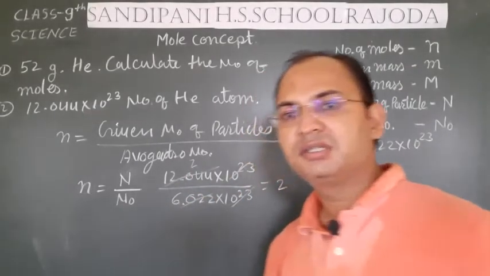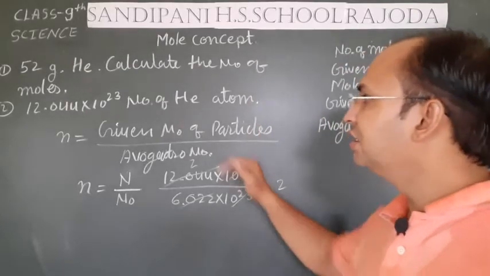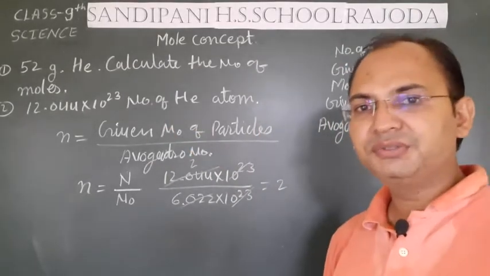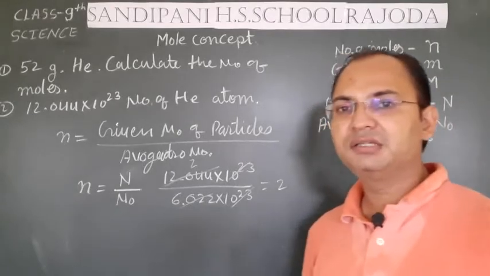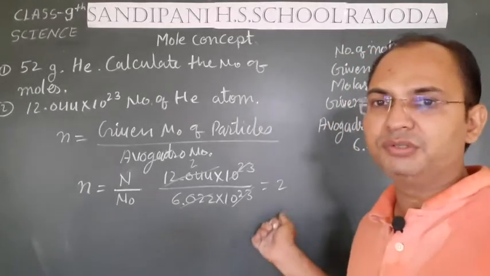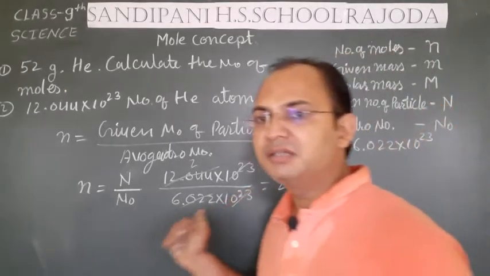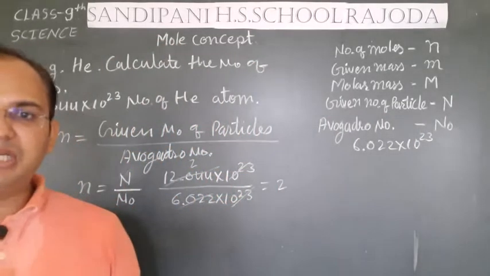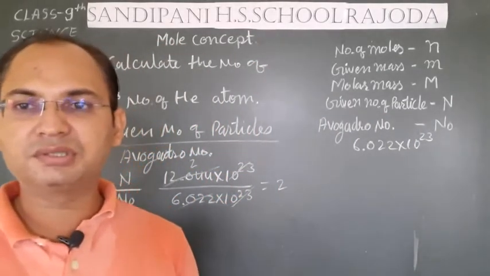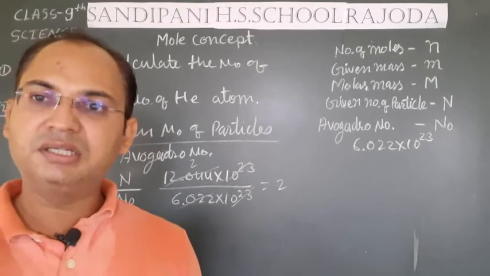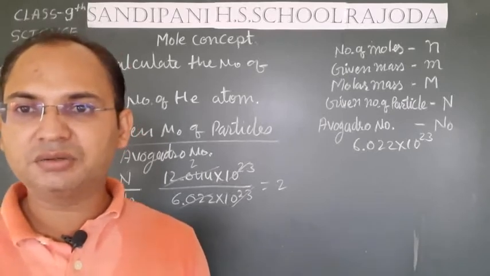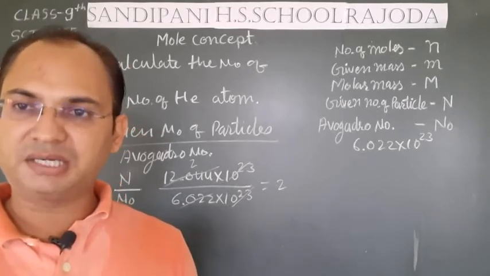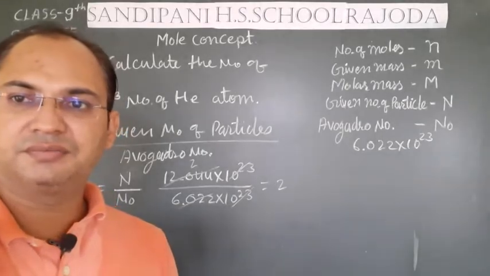So students, the number of moles in 12.044 into 10 to the power 23 particles will be equal to 2 moles. These are the two methods by which we can calculate the number of moles, either in given mass of the substances or in given number of particles of the substances.